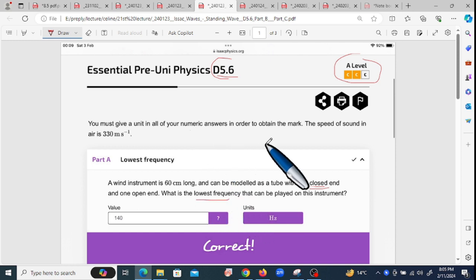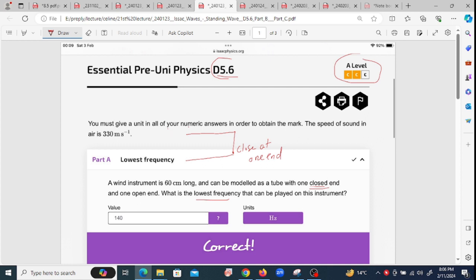In order to find the lowest frequency, first of all we need the diagram. The diagram is basically the organ pipe with one end closed, and the fundamental frequency is here. So here is the organ pipe. One end is closed, and the other end is open here.